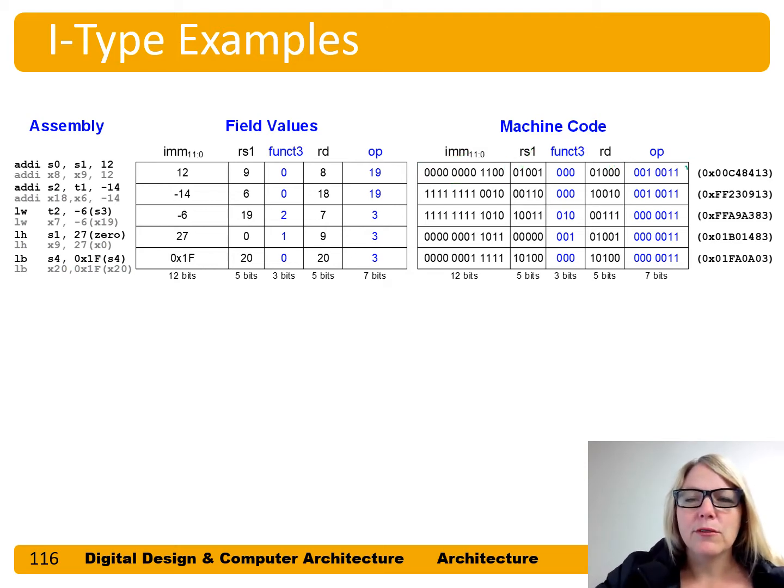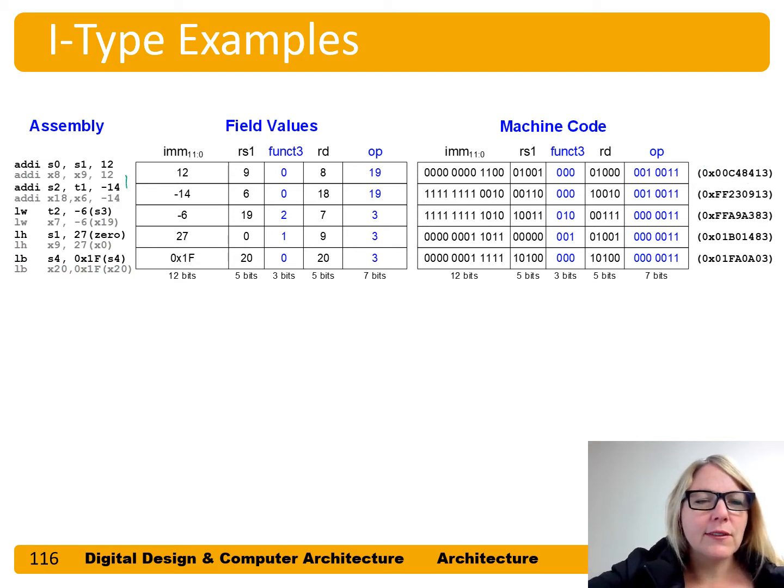We gather groups of 4 starting from the right. The rightmost digit is 3, and then 1, and so on, to get the 32-bit hexadecimal representation of that instruction.